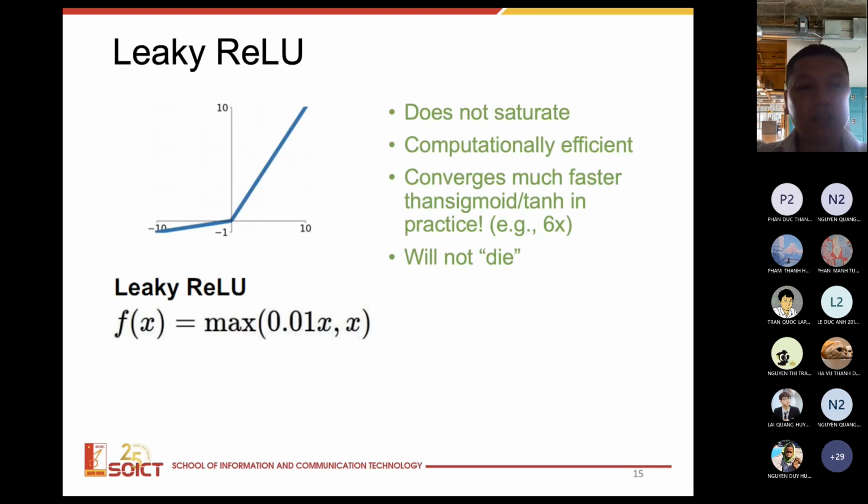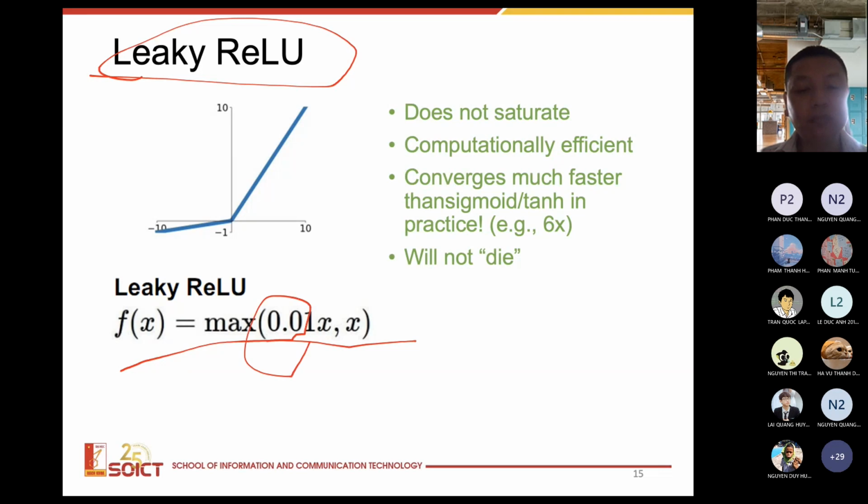So here we have the extension of the ReLU function. We name it Leaky ReLU, and this is the formulation for the Leaky ReLU. You have the max of 0.01x and x. This is that parameter, right? And this part makes the negative part not become 0, right?